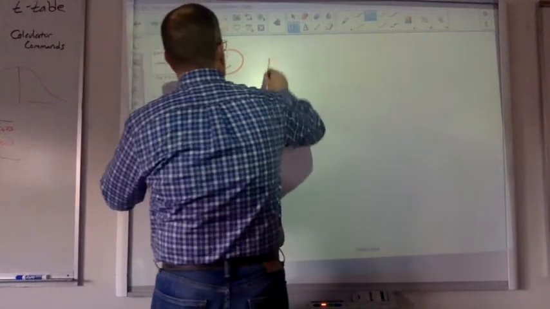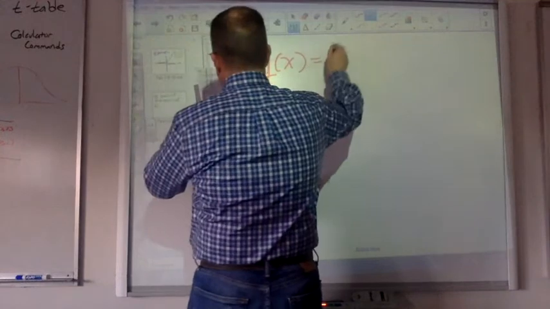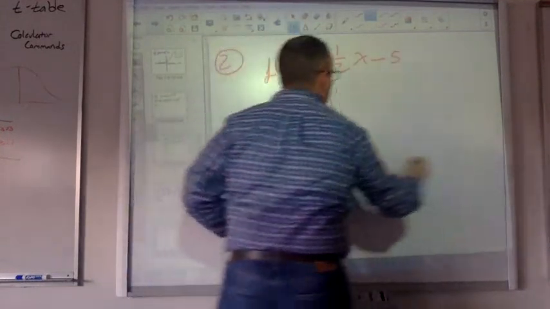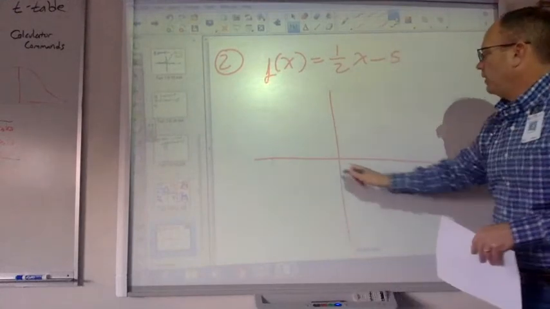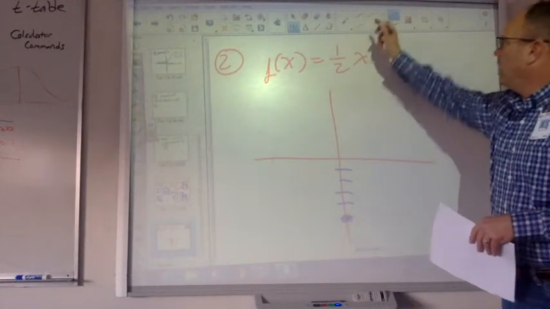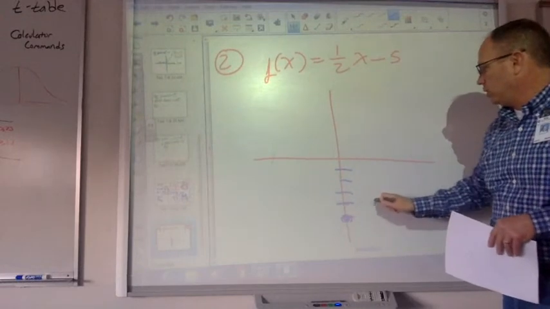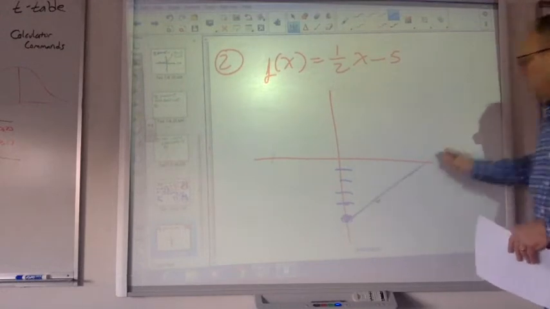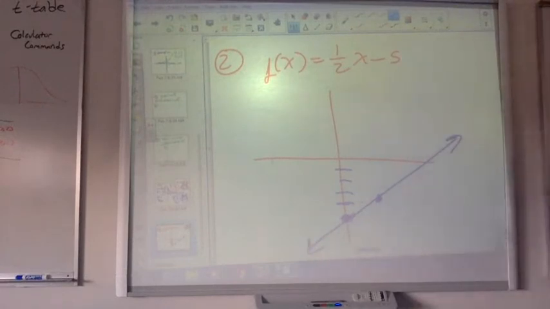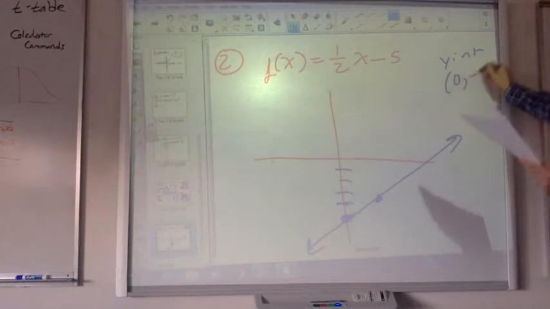Problem number 2, I have f of x is equal to half x minus 5. This is a linear equation, agree? So my y-intercept is negative 5, and I have a slope of up 1, right 2. What is the y-intercept? That's at 0, negative 5.